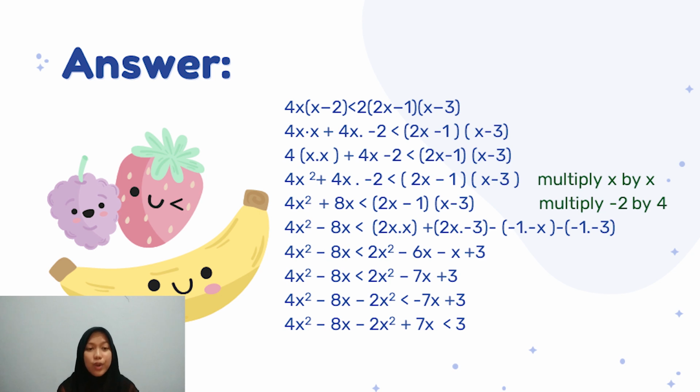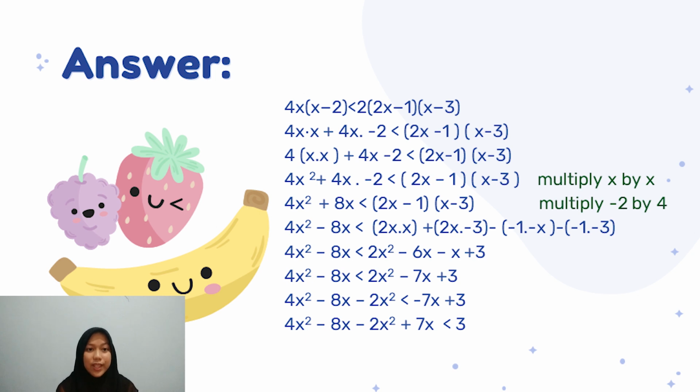Next step, cross multiply 2x minus 1 times x minus 3. And then x squared minus 8x is less than 2x times x plus 2x times minus 3 minus 1 times x minus minus 1 times minus 3.